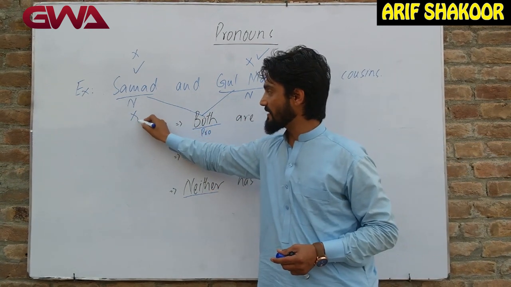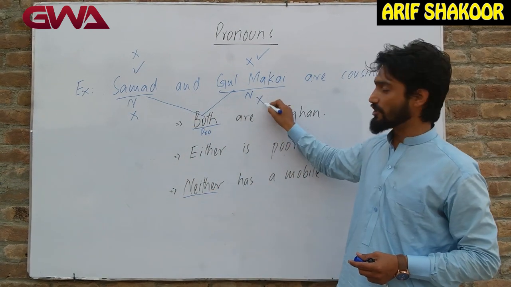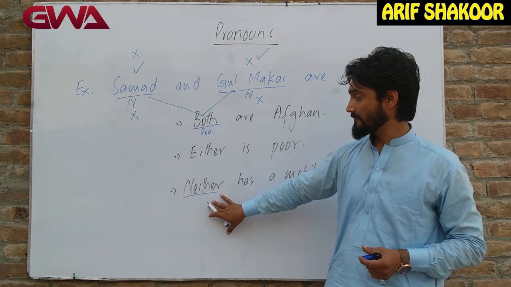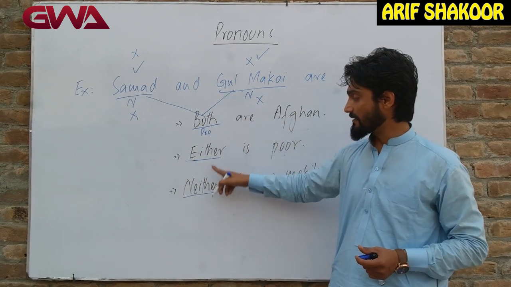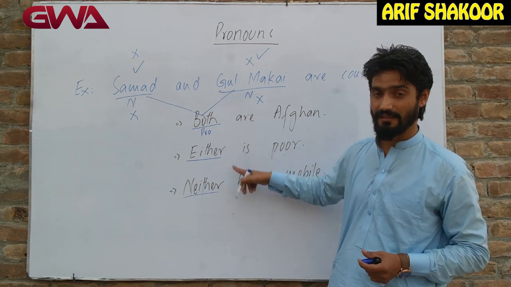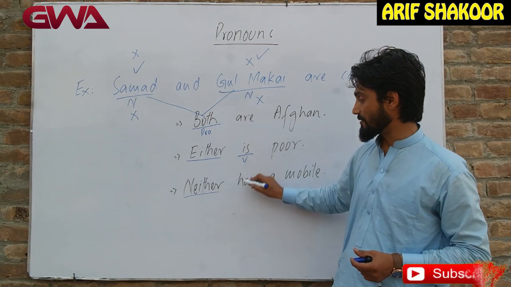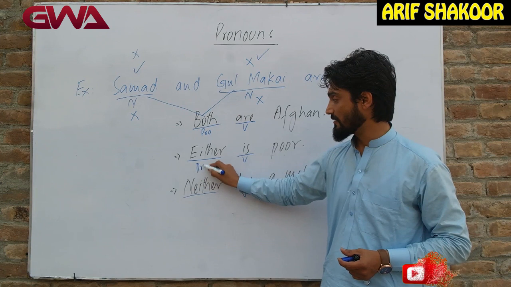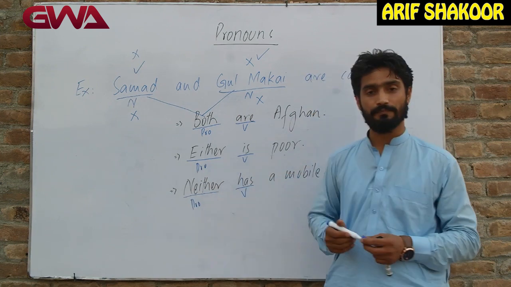Neither means Samad doesn't have a mobile, she doesn't have a mobile either. So, either and neither are not followed by a noun. You cannot see a noun here. You see a verb. So, they function as pronoun.